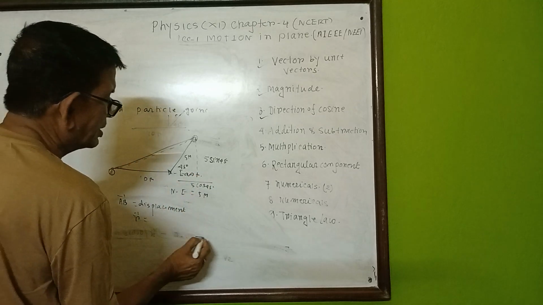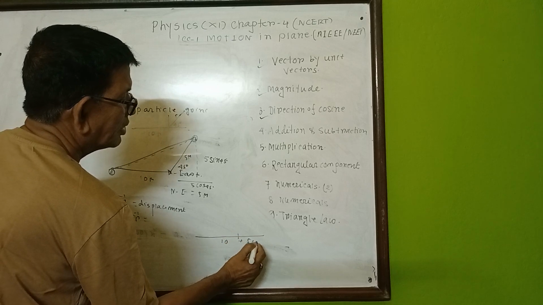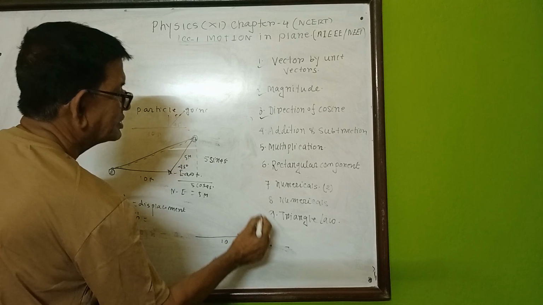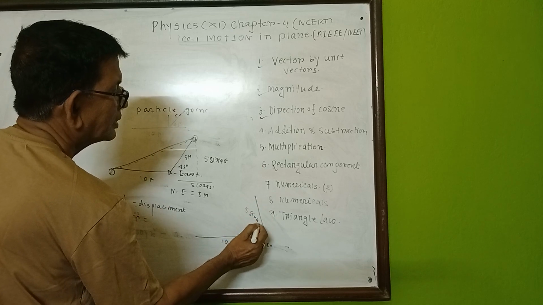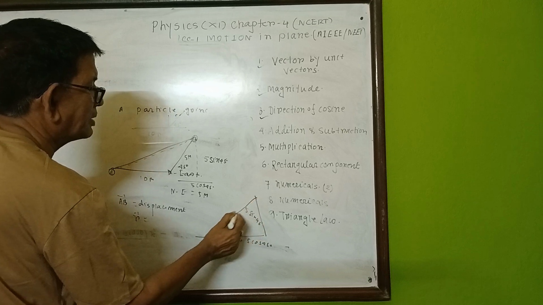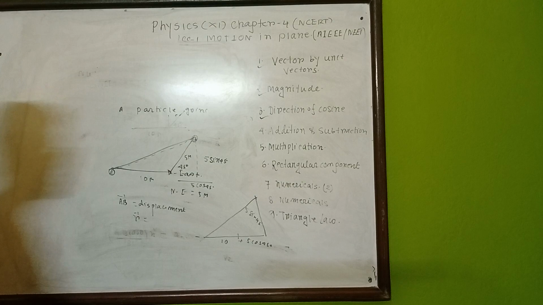Along east, total displacement how much you are getting? 10 plus 5 cos 45, and vertical 5 sin 45. Now easily you can calculate the hypotenuse, apply the Pythagoras theorem, you get the answer.